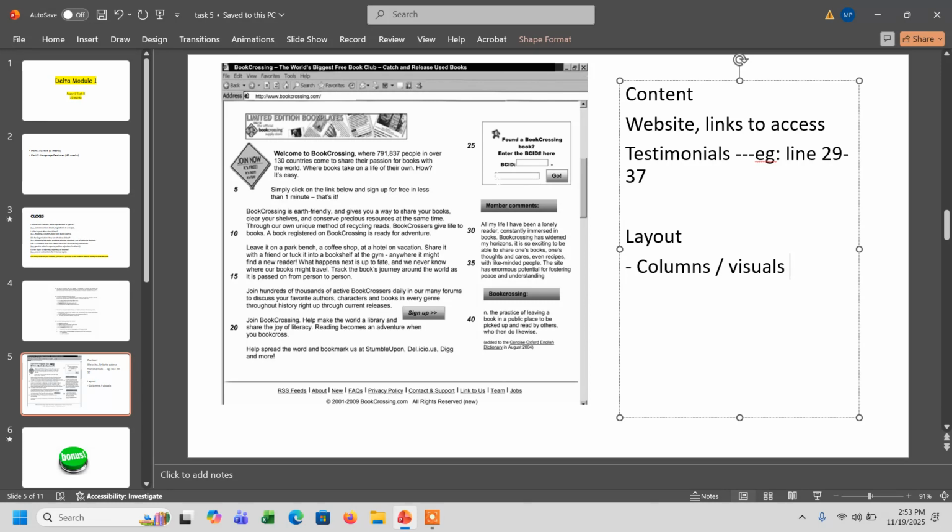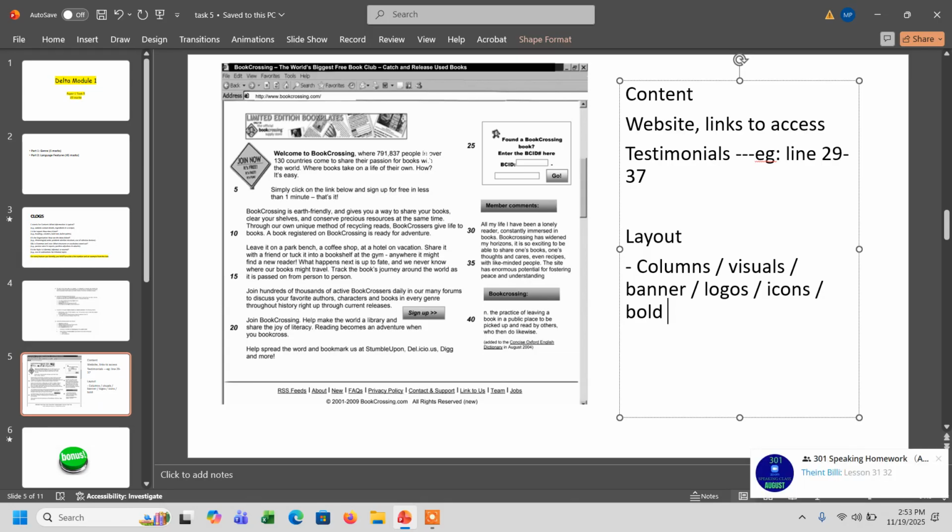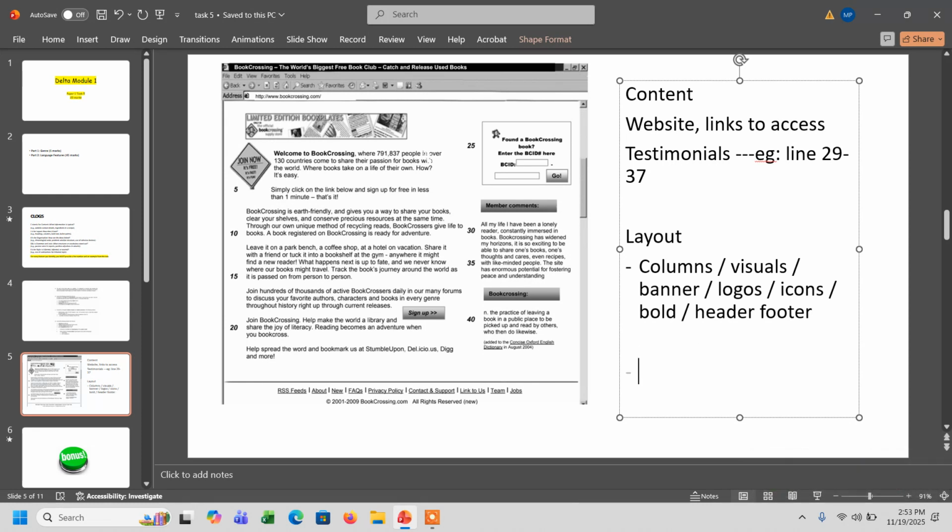So they are visuals. I will also add banner, logos, icons, and also bold, like "Welcome to BookCrossing" in bold, yellow. Okay. And anything else? We can see header, footer here. Header, footer. Okay.